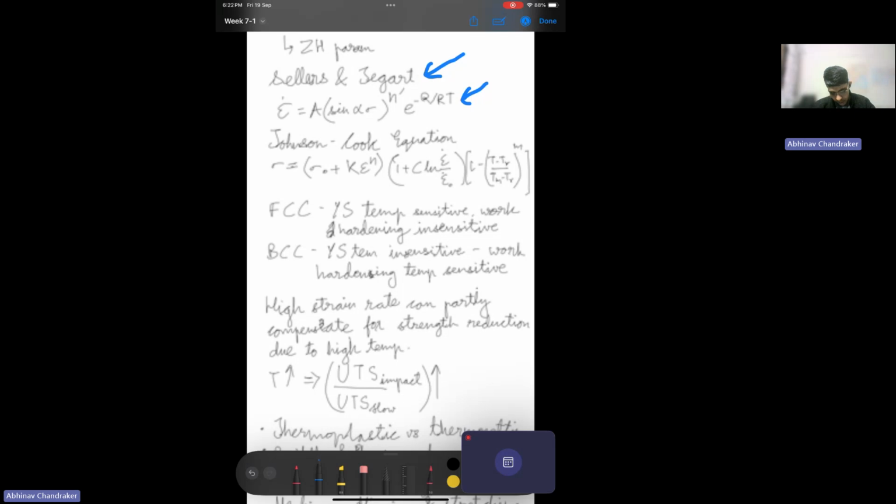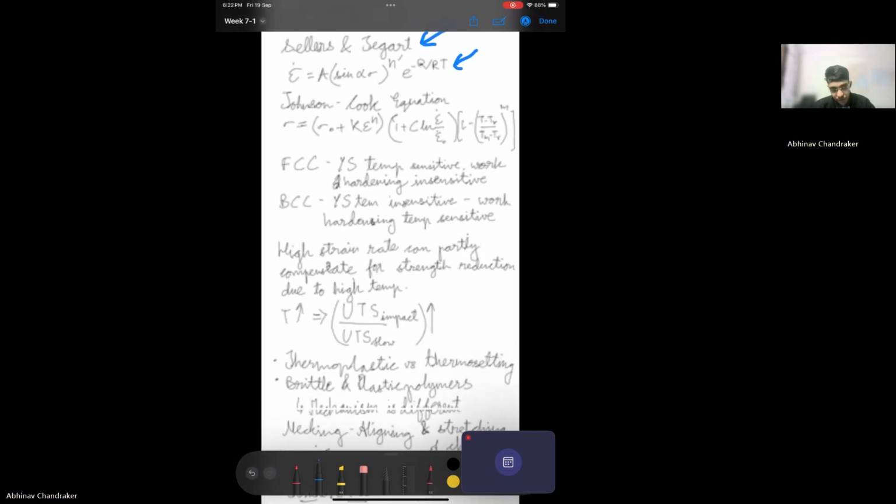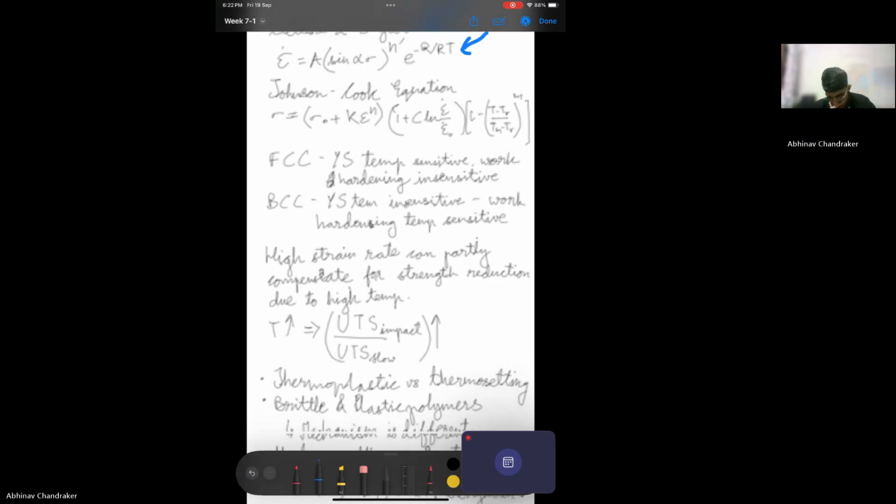Then we have Johnson's equation, in which stresses change with strain rate and temperature together.